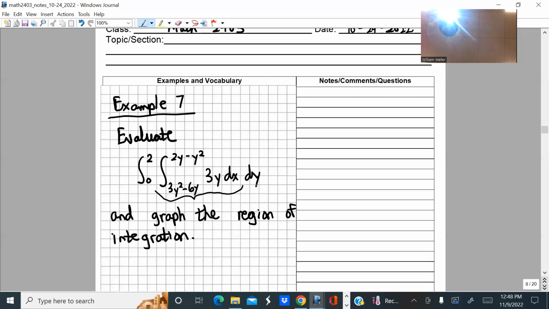So integrate with respect to x and plug in your limits of integration and take the difference. That's what we always do. Let's see what we get. Oh, that might be kind of messy. So try that. This is important practice because you're doing this a lot. Get really fast at it.